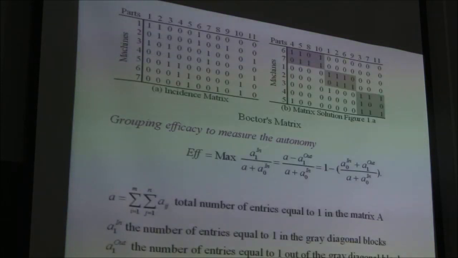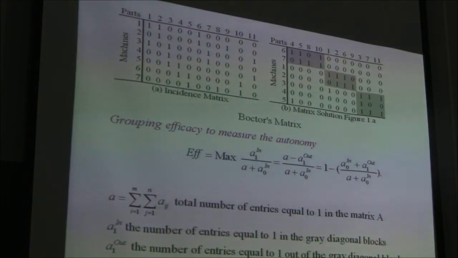There are several autonomy measures that are used in the literature. But most of the time, people designing procedures to solve this problem like to use what we call the grouping efficacy to compare different procedures. So we use this measure to develop our meta-heuristic.